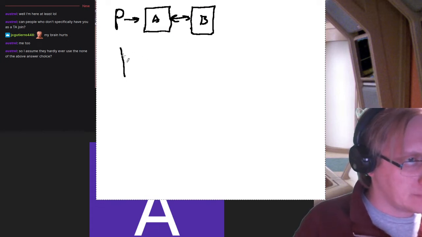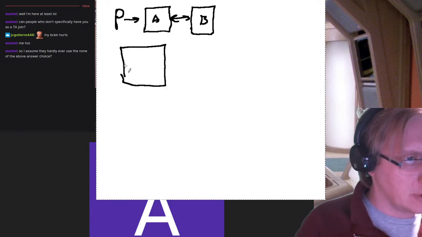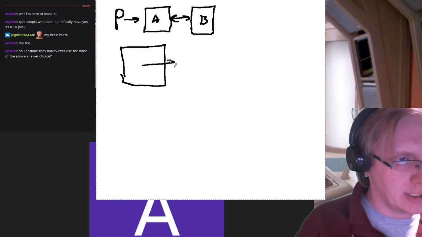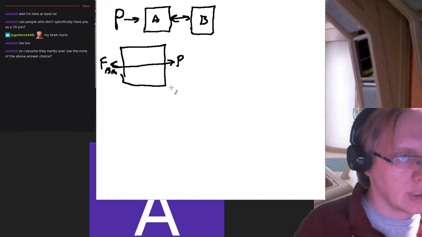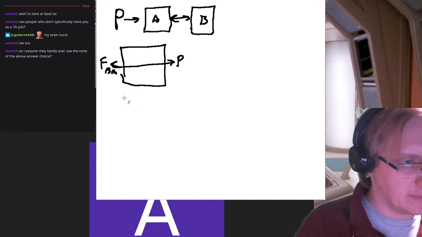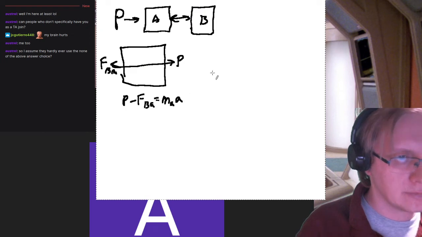So looking at the forces on A, we have a P going this way, and FBA goes this way. So then we have that P minus force BA is equal to its mass mA times acceleration.